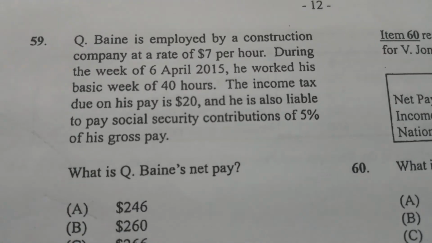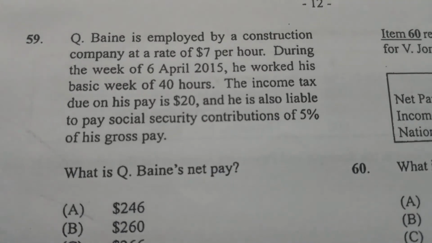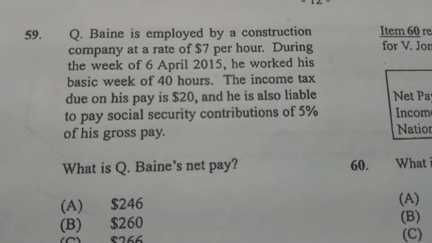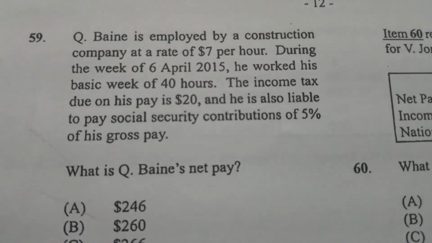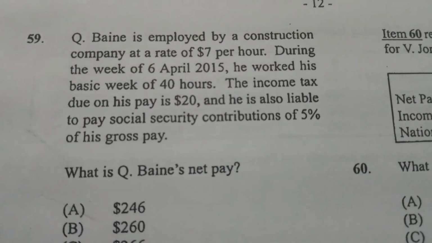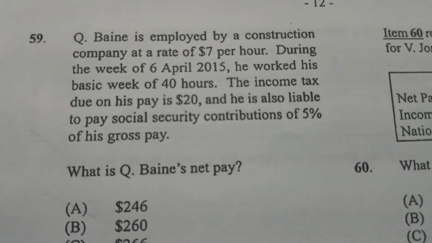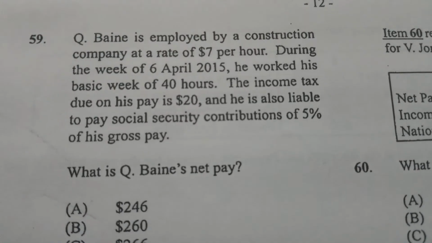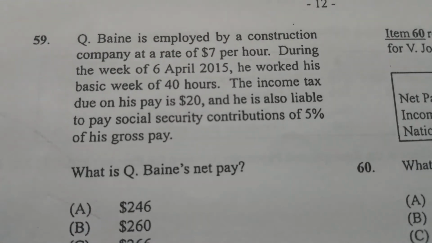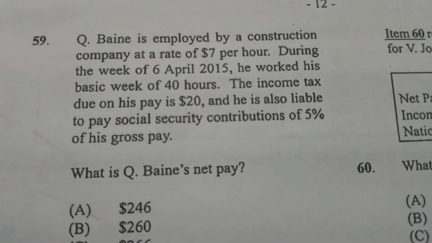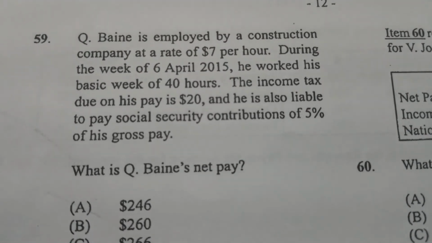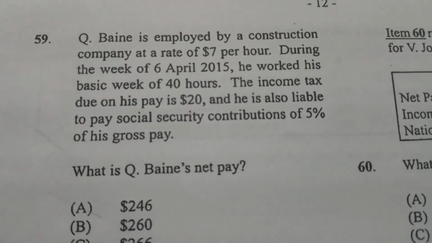Item 59 says that Q-Brain is employed by a construction company at a rate of $7 per hour. During the week of 6th of April 2015, he worked his basic week of 40 hours.